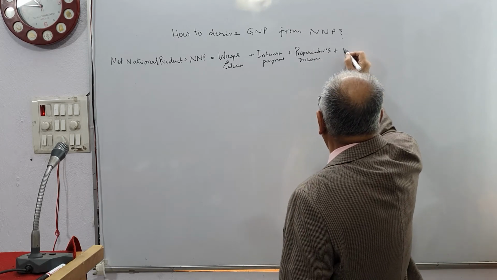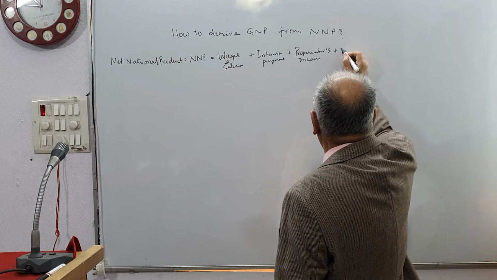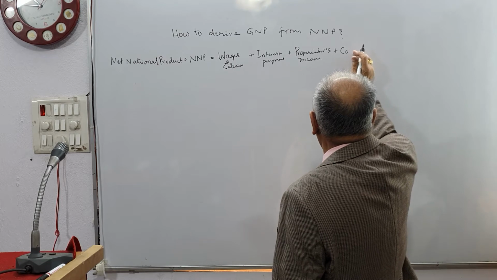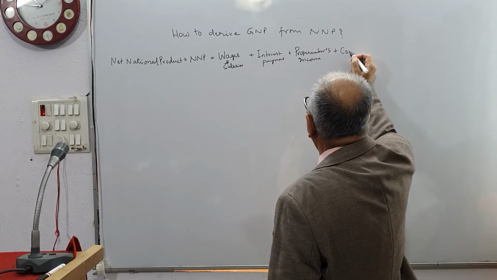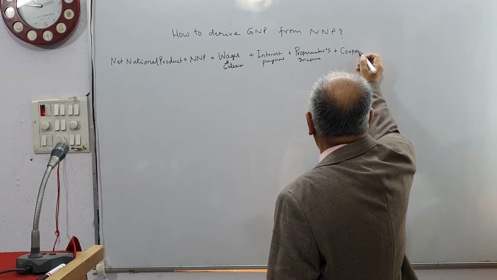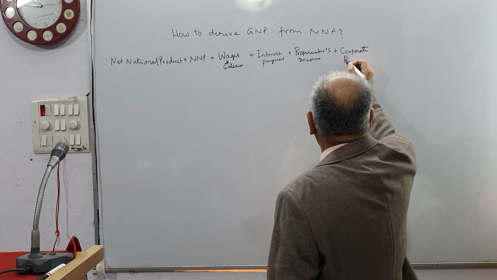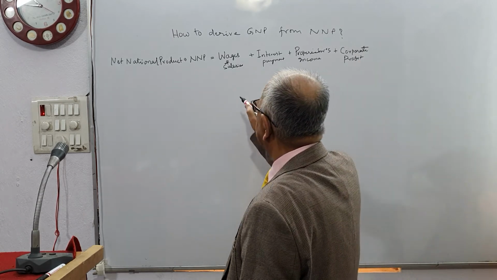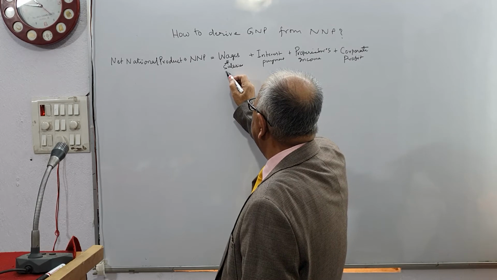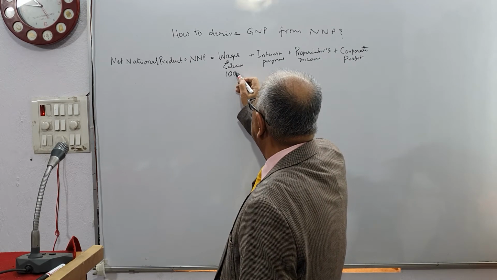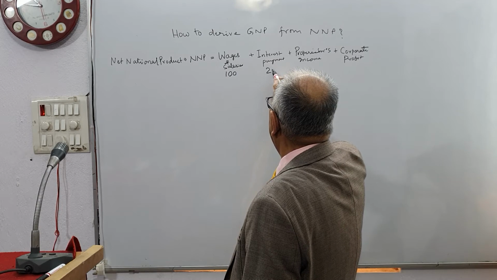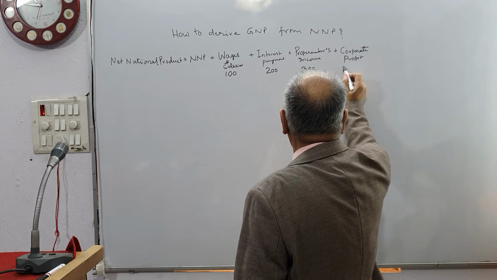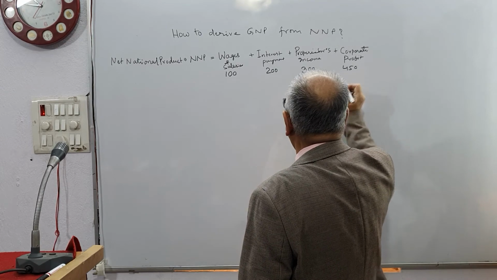And the last term, corporate profit. Suppose this is 100 units, this is 200 units, this is 300 units, this is 450 units.